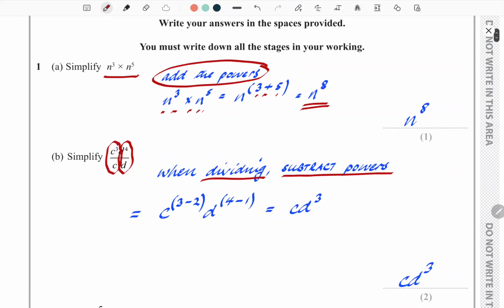Right, so what we have is c to the power 3 minus 2. All right, I'm going to erase that again so you can see the original. And times d to the power 4 minus 1. Remember the d on the bottom is a power 1, all right? Just in case you've forgotten the basic rules on that. And so the thing comes out to be c times d to the power 3.